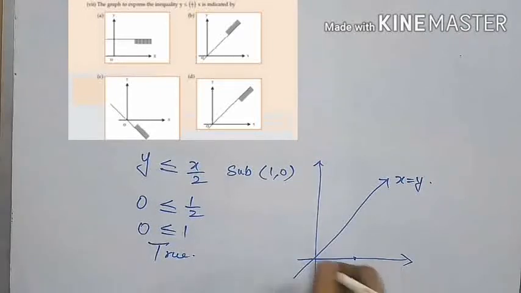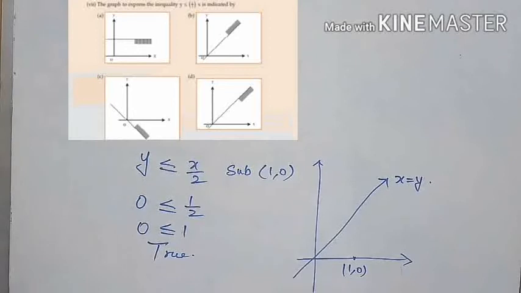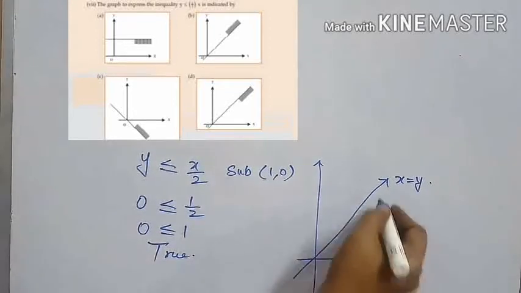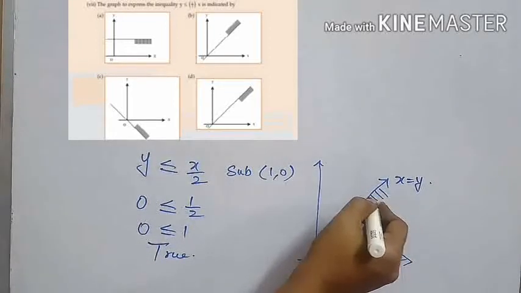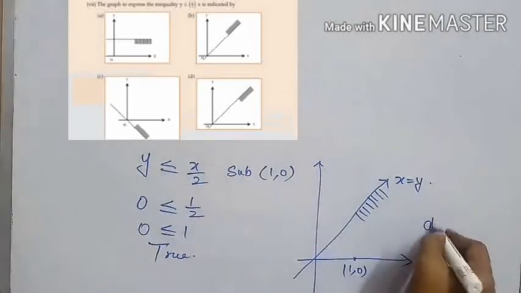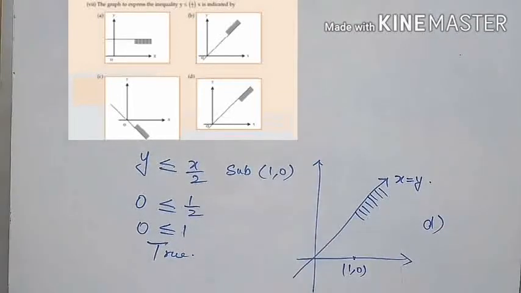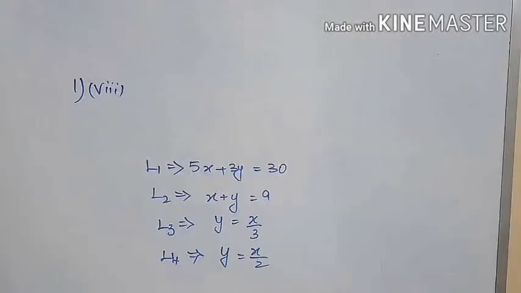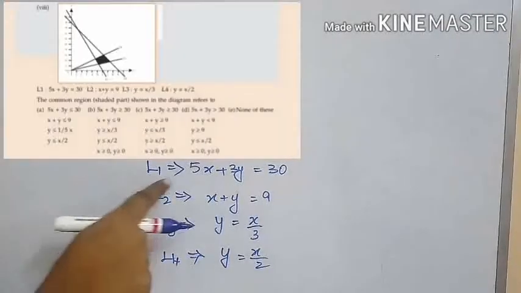Let us plot the graph now. Mark the point 1, 0. Since the statement is true, we have to shade the solution space as the region containing the point 1, 0. So option D is the answer.